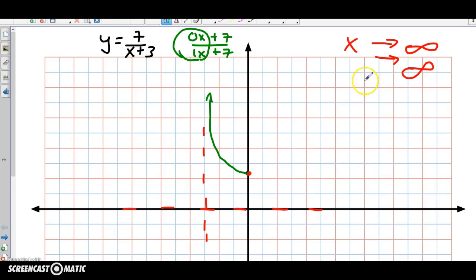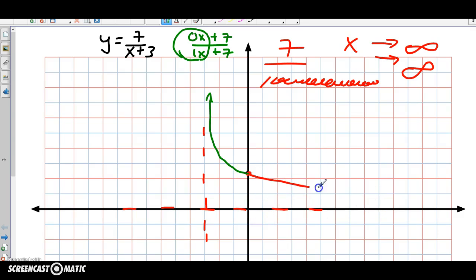And as this gets bigger and bigger and bigger, what happens is I have 7 over a giant number because it's x plus 3. So that's 7 over a huge number. And as this gets to be a huge number, so 7 over like a million, or as many zeros as you want, it gets pretty darn close to 0. Because 7 over a big number like that is very small. So that means that this is the asymptote here.